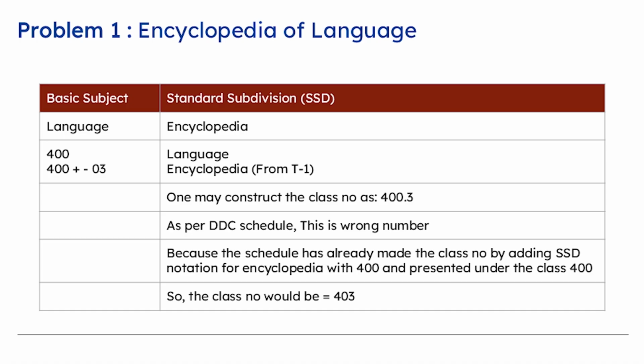Then he will make the class number because all the notation has been adopted, and he will finally add up all these things and get the number. Then he will construct the number as such.